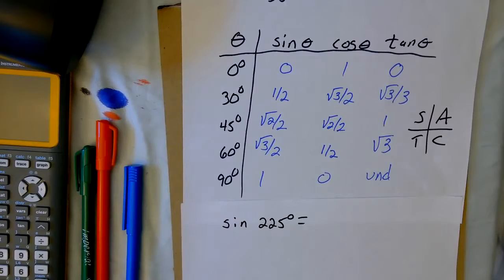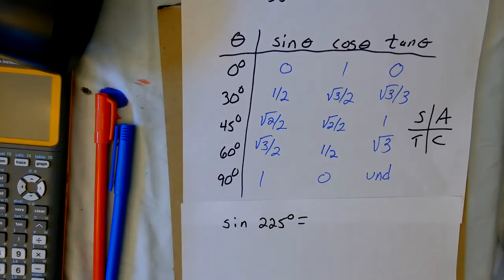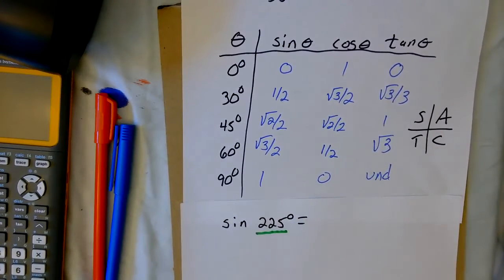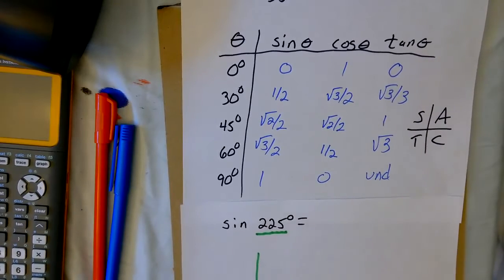So what I do, the way I do them in order, and I just do this mentally, is I first think to myself, what's the reference angle for 225? Because if you visualize it, 225, that's down here, we're looking at this triangle. Well, that's my reference angle.